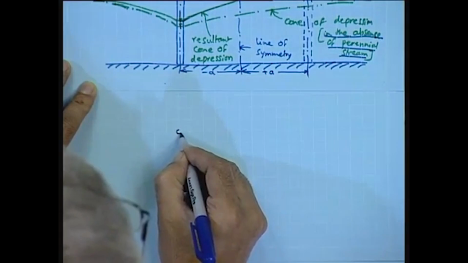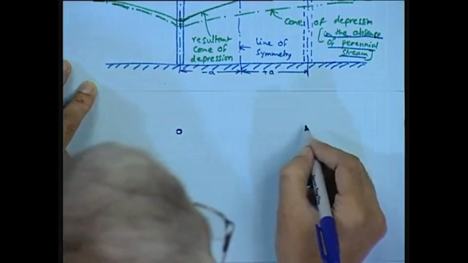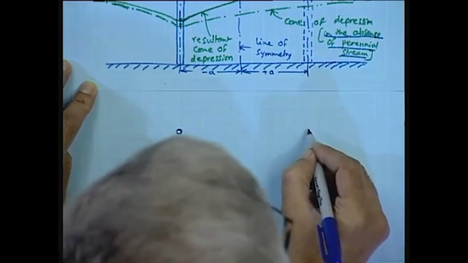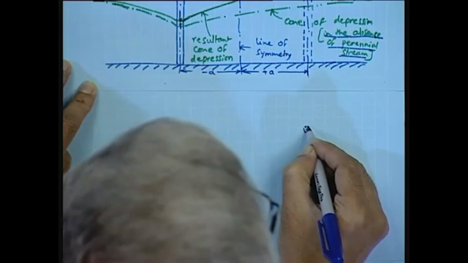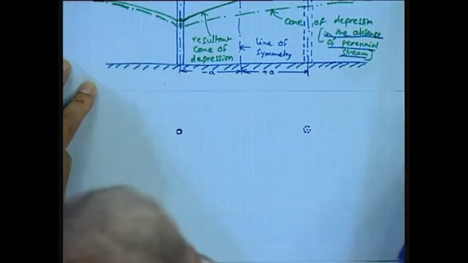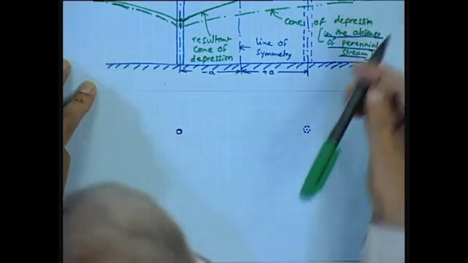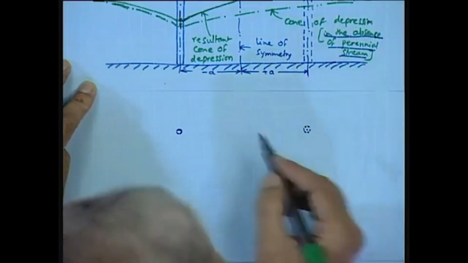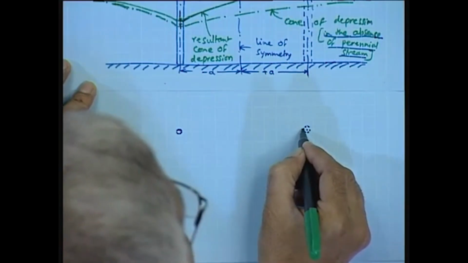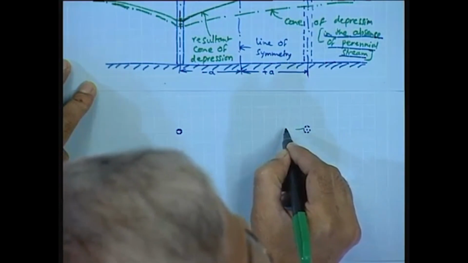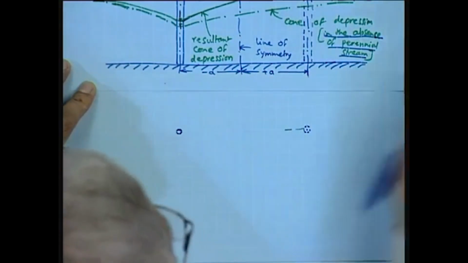So, here we will get, this is the pumping well, and then this is the imaginary recharge well, recharge image well, and here the streamlines, and then this is the boundary here.